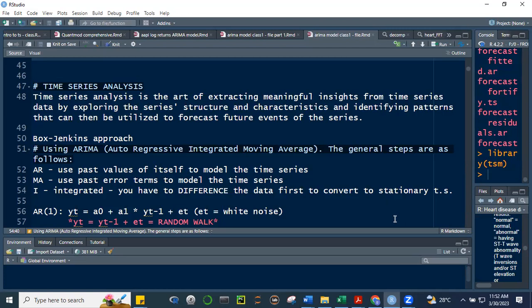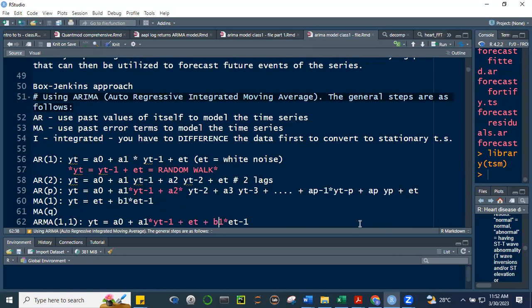Sometimes this might not happen, so you might need another transformation. You might need to difference again, so that's double differencing. Or you might just take the log of the data series. So you're transforming the data series.